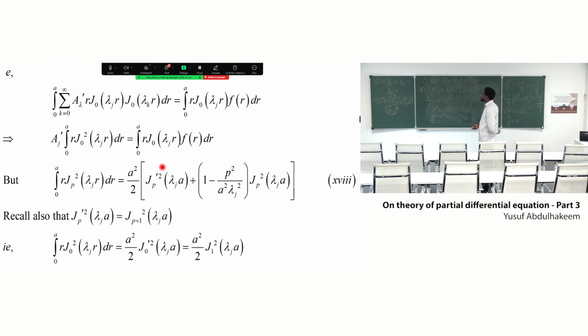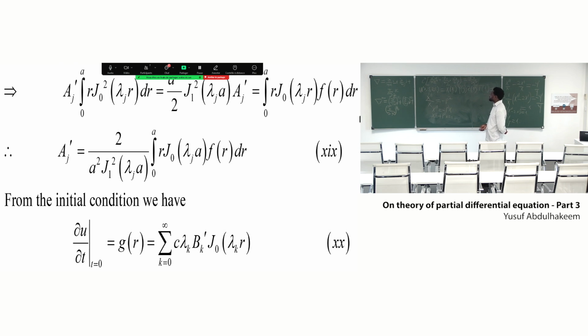Then by the time we integrate, this is what we are going to have. Then we recall also that this J_p here will give us the Bessel function of this. That is, the integral of r J naught squared will give us what we have here, the r, which is equal to a squared divided by this. And then by the time we carry out this simple arithmetic, we are going to obtain what we have here. And then we have this.